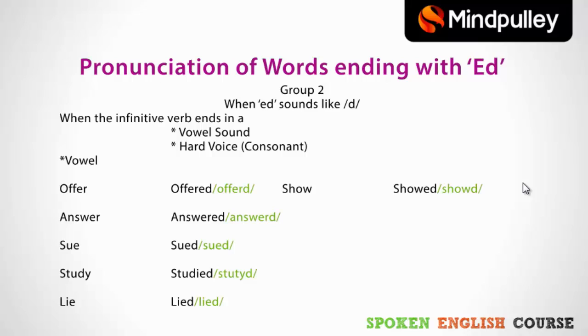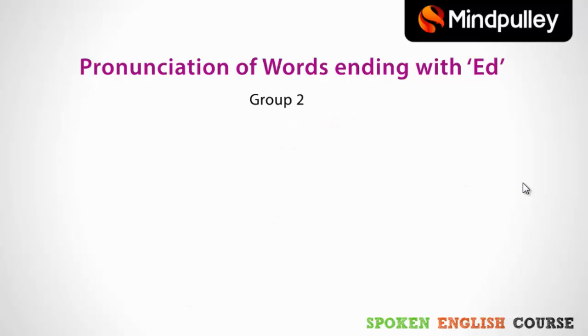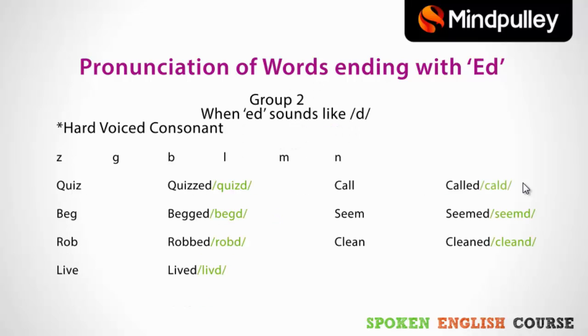And also when the verb ends with a hard or voiced consonant such as z, g, b, v, l, m or n. Let's look at some examples. Quizzed, begged, robbed, lived, called, seemed, cleaned.